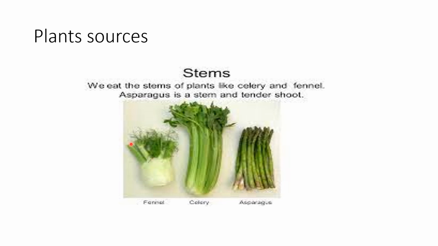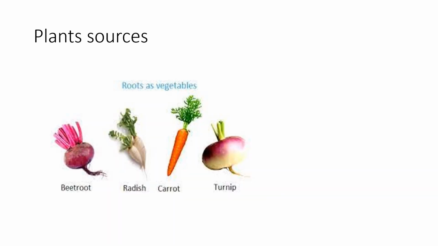And yes, asparagus is a stem and tender shoot. As you can see over here, the pictures are given. This is asparagus, celery and fennel. These 3 are types of stems which are eaten by us, and they cause no harm to us.